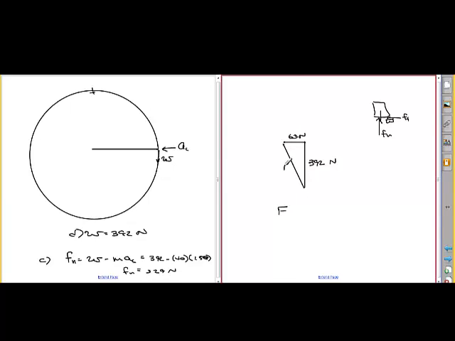So the total force, this F here, is the square root of the sum of the squares. So you get 392 newtons squared plus 63 newtons squared. 392 squared plus 63 squared, square root, 397.